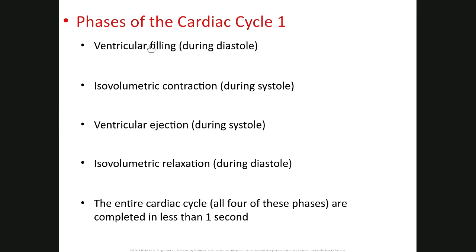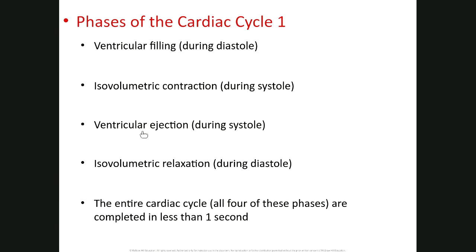When they're not contracting, they are in relaxation, in diastole. Then the next is isovolumetric contraction, which means the volume doesn't change. Nothing comes in, nothing comes out, and then there's contraction. So the pressure will build up.